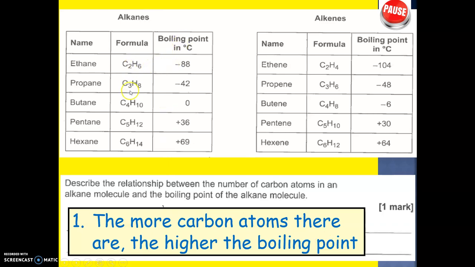So C2 here compared to C6: minus 88 degrees Celsius compared to plus 69. And then the same here, C2 for ethene is minus 104 degrees Celsius, and hexene, C6, plus 64. There's an increasing trend. So the more carbon atoms there are, the higher the boiling point.